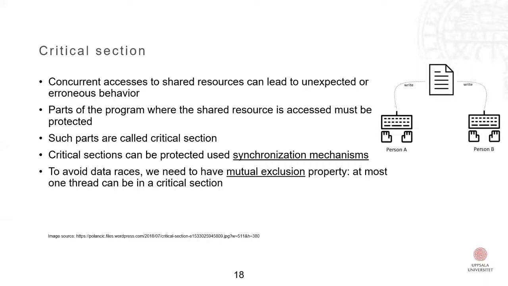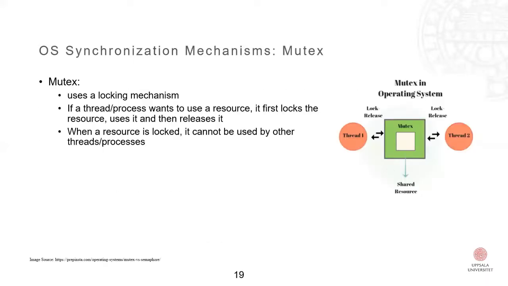To protect against data races in general, there is a property that needs to hold, and it is called mutual exclusion. Mutual exclusion means that at most one thread at a time can be in a critical section. For example, one thread at a time can write to the shared resource.